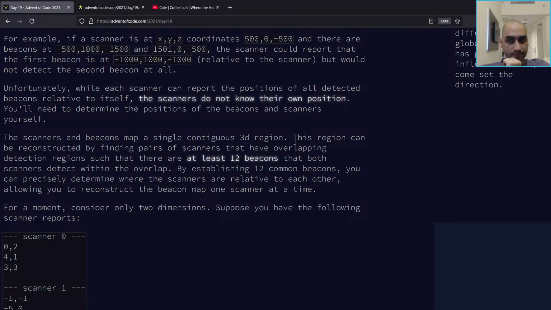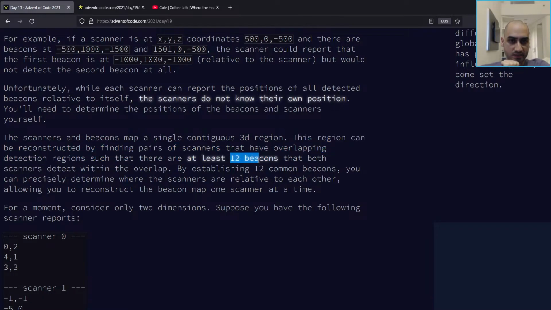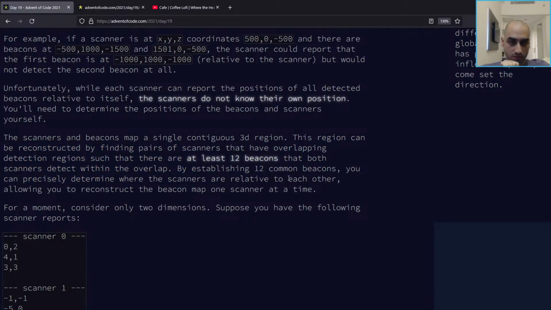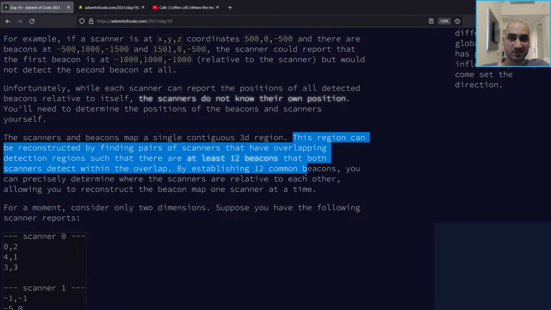Okay, so they're asserting that... I think they are implying that there must exist at least one pair that has at least 12 beacons in common. Maybe that in itself is an important piece of information. They don't actually say that, but okay, so we'll assume there exists at least one pair with 12 beacons in common.